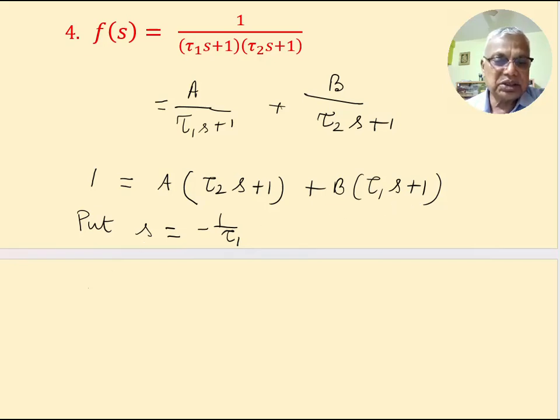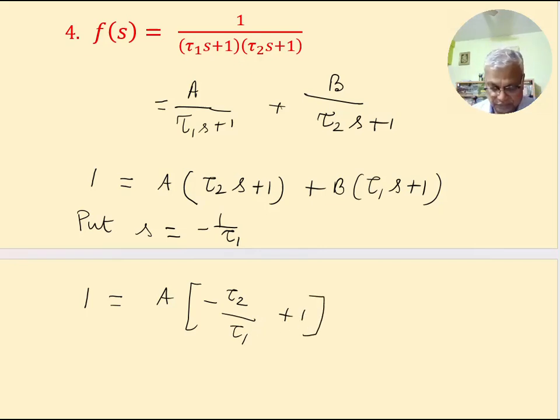So you get 1 equal to a into (minus tau 2 by tau 1 plus 1), that is equal to a into (tau 1 minus tau 2) by tau 1.